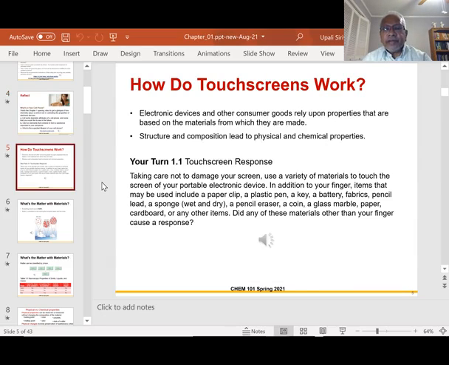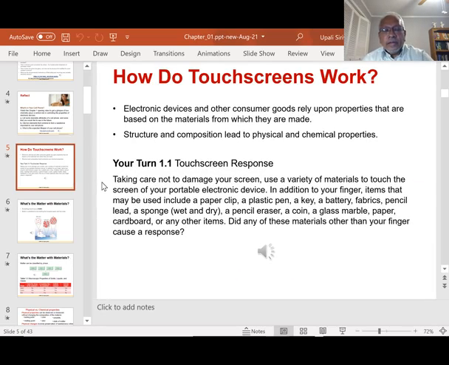How does a touch screen work? A touch screen has a conducting layer on the surface made out of tin oxide.